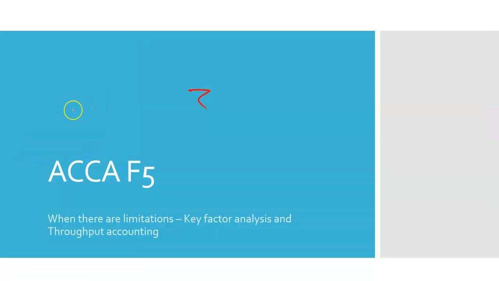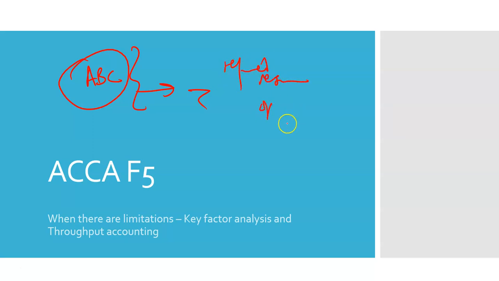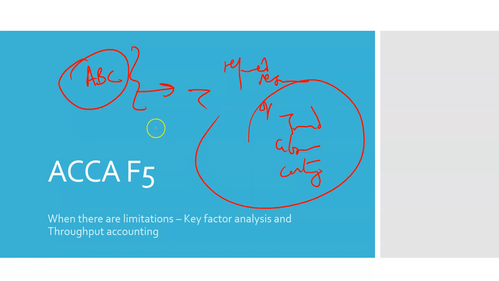The very first thing we looked at in chapter four, if you go back, you'll see, is activity-based costing, and we talked about activity-based costing as a refined version of traditional absorption costing. Because ultimately, what we're trying to do here is bring those costs into the units as efficiently as possible.